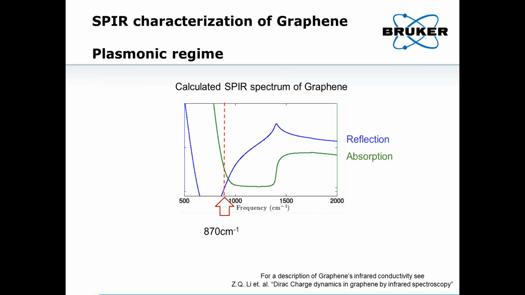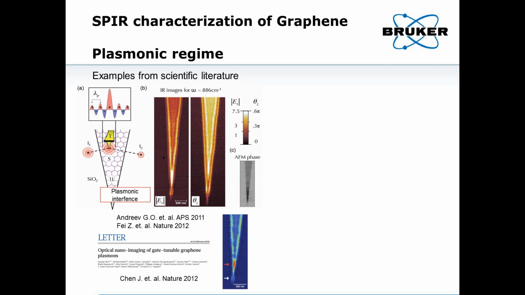Lastly, let's look at some examples of SPIR images in the plasmonic regime of graphene. That is a very interesting infrared frequency to look for studying graphene. On the left, we show some previously published examples from scientific literature. This is research that I also participated in grad school, and there are several high-profile publications that reproduce these results.